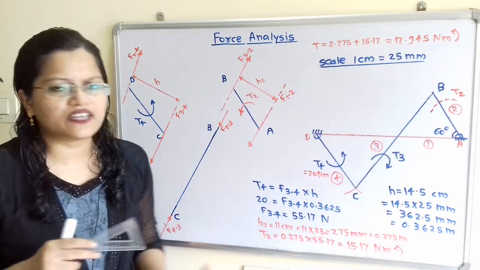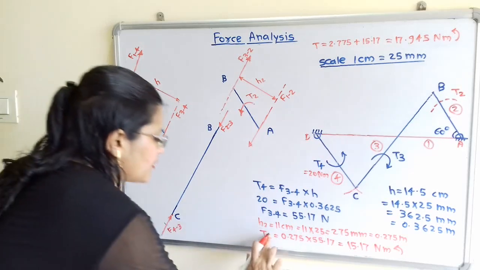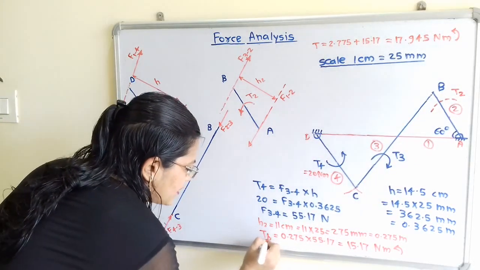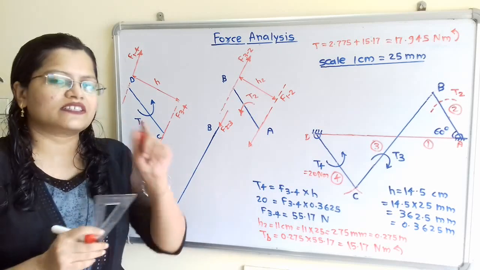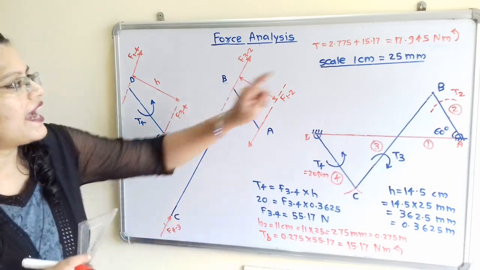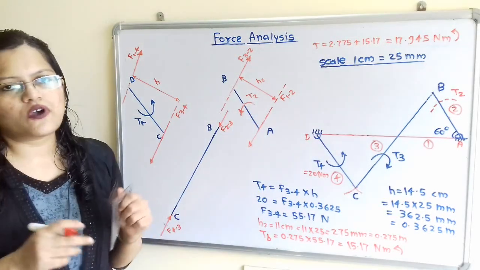Now this is the answer for the second subgroup. So we will say this will be the value of TB, that is torque for the second subgroup. What was the value for TA, that is the torque for the first subgroup? That is 2.775, and the direction is also anti-clockwise.